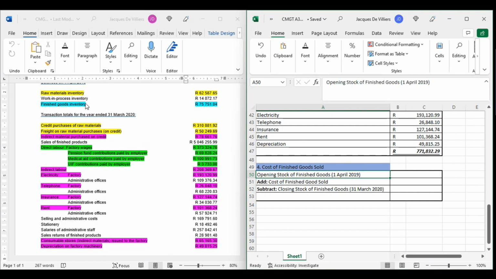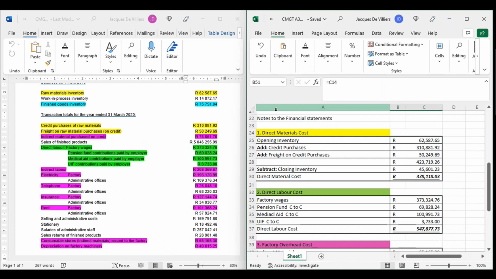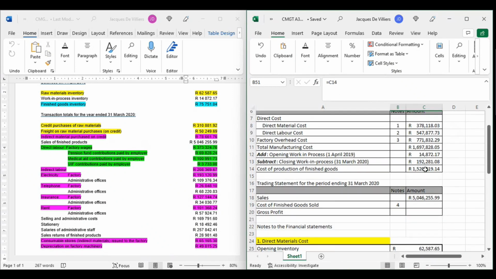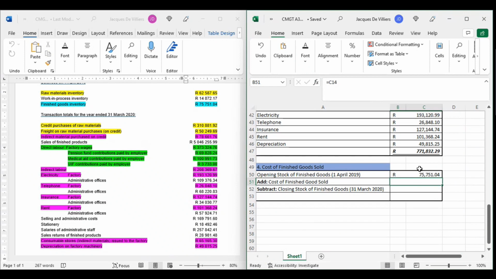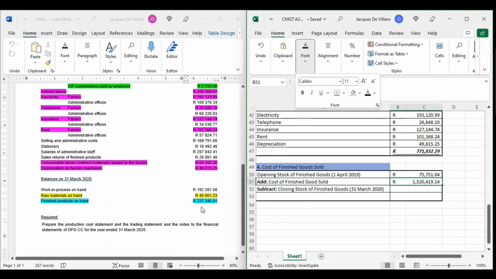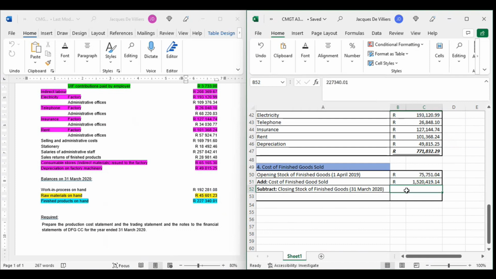We take the opening balance of our finished goods, which is 75,000. To that, we add the cost of finished goods, which is the answer we got in our production statement, that 1.5. So that is the amount that we add there. And then we subtract what we were given again here as work in process on hand.